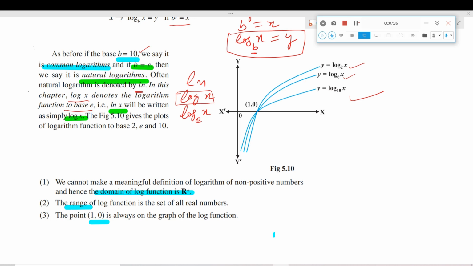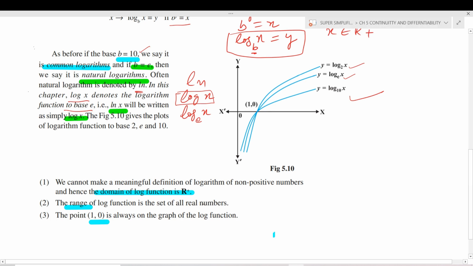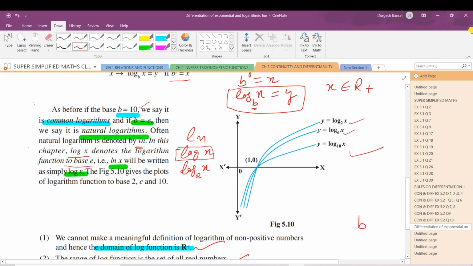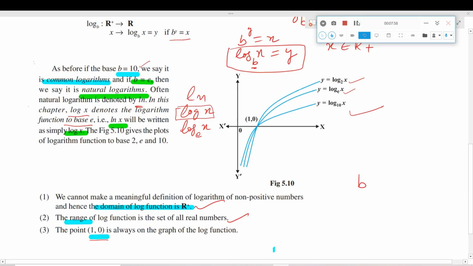Now, we just revised, the domain of the log function is R plus, and its range is the set of all real numbers. And the point (1, 0) will always lie on the graph of the logarithm function, because we have defined the logarithm function this way: if b raised to the power y is x, then log to the base b of x is y.